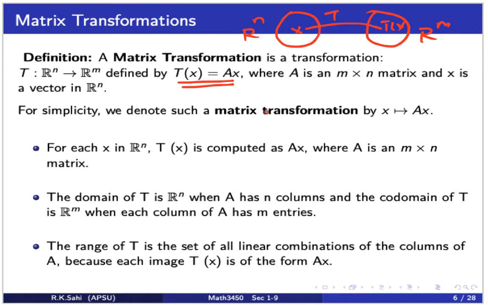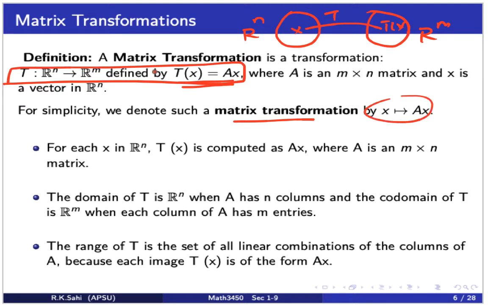Okay? Now, for simplicity, we're going to denote the matrix transformation by x maps to Ax. And as I've also repeatedly said earlier, I will prefer to use the full definition rather than this notation. This makes it much clearer every time what I'm doing.